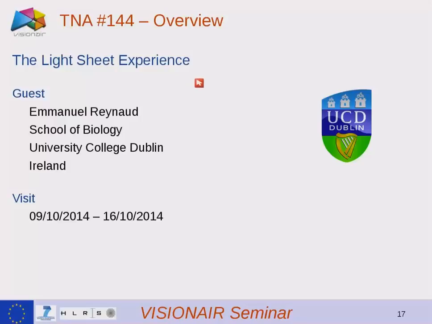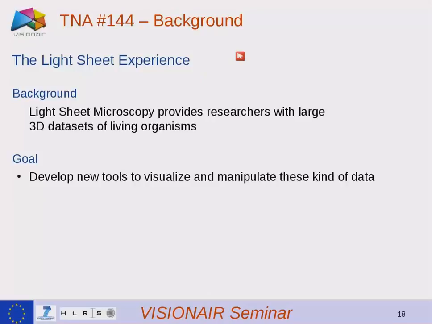He was visiting us in October this year, and he is using light sheet microscopy for investigating really tiny life forms like plankton, and they're again searching for a visualization tool which is capable to do the visualization of really large data sets and of course of an interactive manipulation of these kind of data sets.